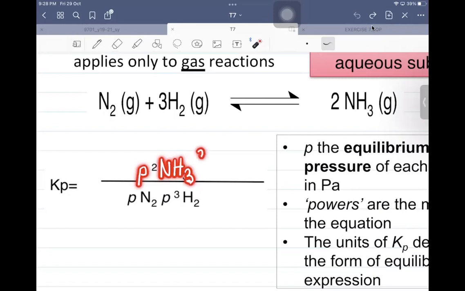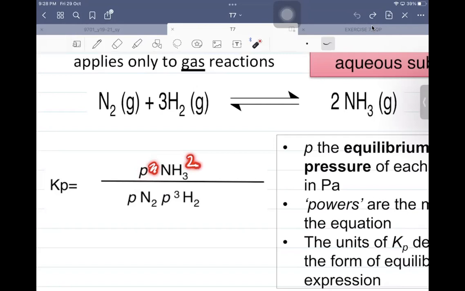You will see sometimes they write down the square after NH3, but I personally like to write down the square next to the letter P, because sometimes it gets confusing and you will think that the 2 is a charge.